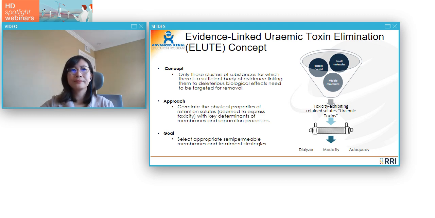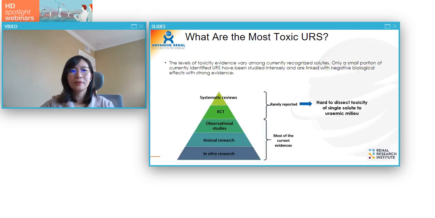As mentioned earlier, the levels of evidence vary among currently recognized solutes. I would say only a small portion of currently identified uremic retained solutes has been studied intensively and presents strong evidence.